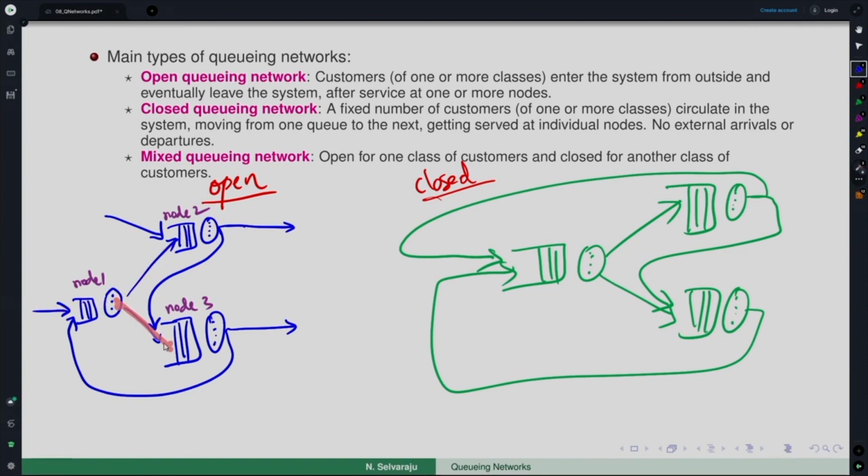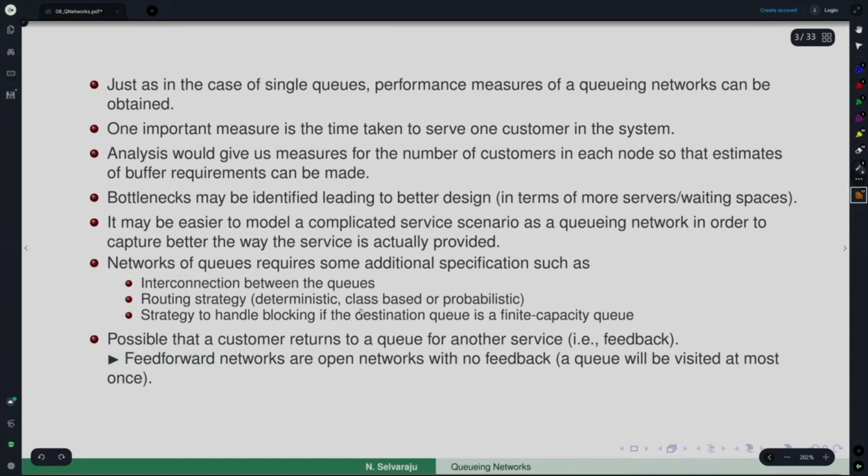It may be of that nature, right. And after completing node 3, if the second class comes back to node 1, then basically this becomes a mixed kind of network. When you have two classes acting in two different ways, it depends on the specification. It is the same network, but can be in that manner also.